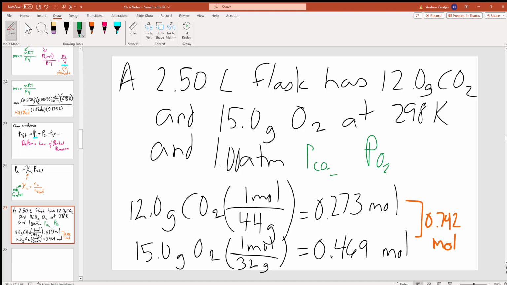This is a calculation we've done many times before, and we should be pretty comfortable with this calculation at this point. If you aren't comfortable with this calculation, you may want to go back to some of the previous chapters and review some of our calculations of moles that we've done previously. Once we have these mole values, we can calculate our mole fractions.